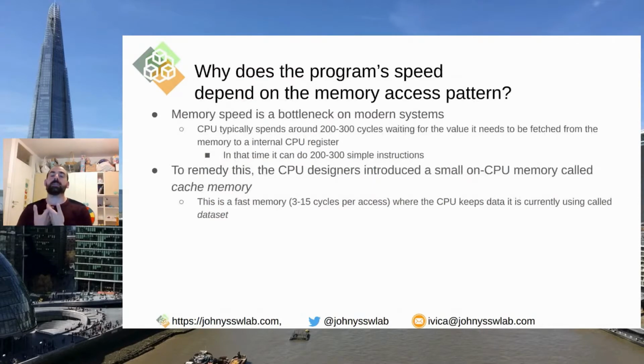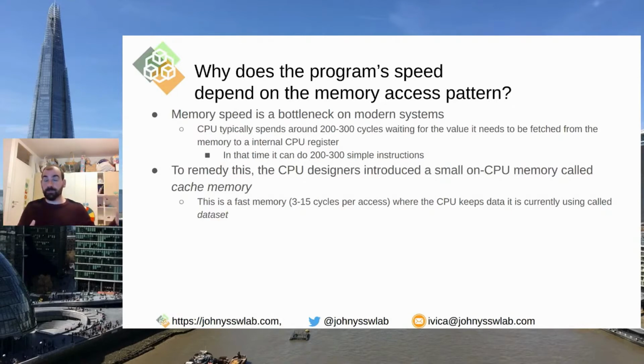So the next question is, why does the program speed depend on the memory access pattern? The reason is the memory wall. Memory speed is a bottleneck on modern CPUs. CPUs are really fast, memories are slow. And as time progresses, you will see the difference becoming even greater.